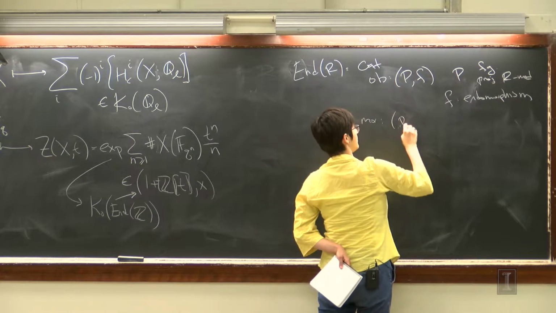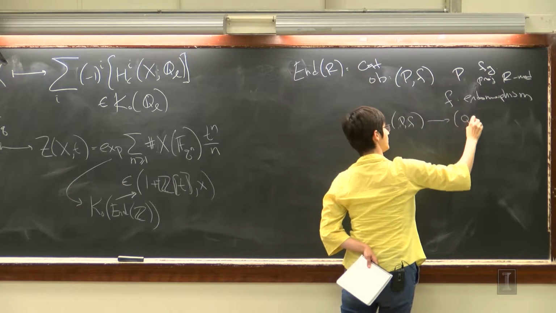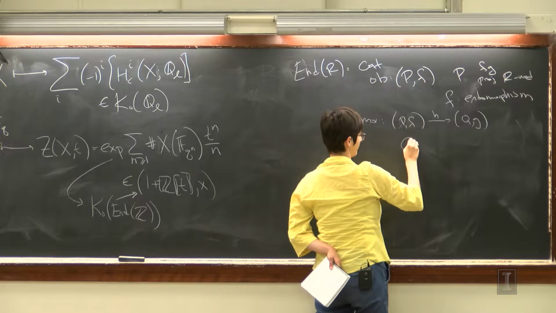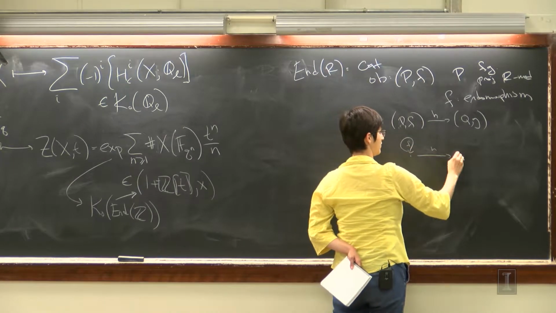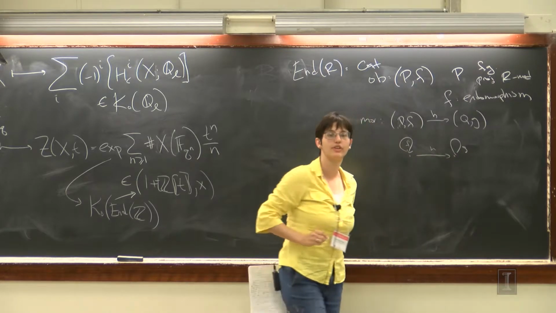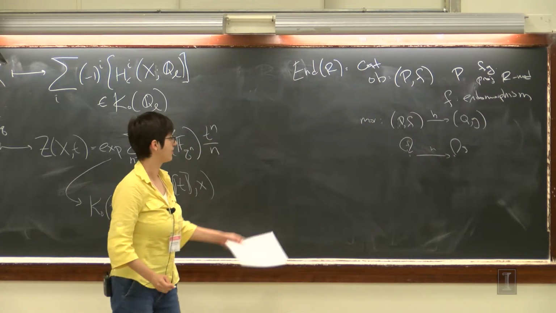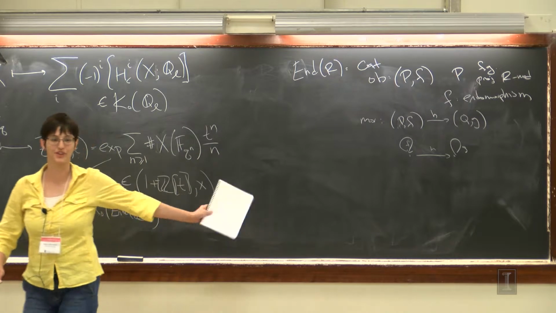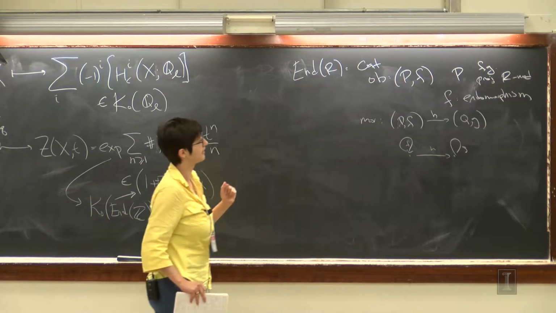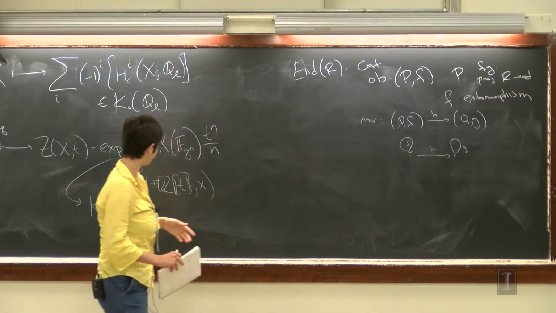So you go (P, F) to (Q, G) by H, and you just need F, H and G to be such that going around one way is the same as going around the other. And I'll write them in the wrong order if I try not to do it as a diagram, so you can figure it out. The point is that all morphisms commute with the specified endomorphisms.